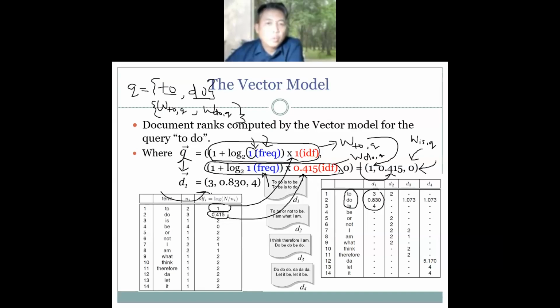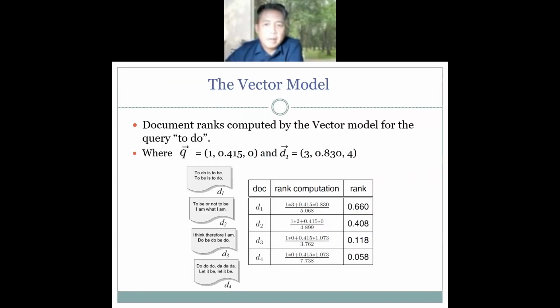This is the weightage of to do in document 1, which is this one. Once we have this weightage, then we can find the ranking. So this is the weightage for the query, and this is the weightage for the document.